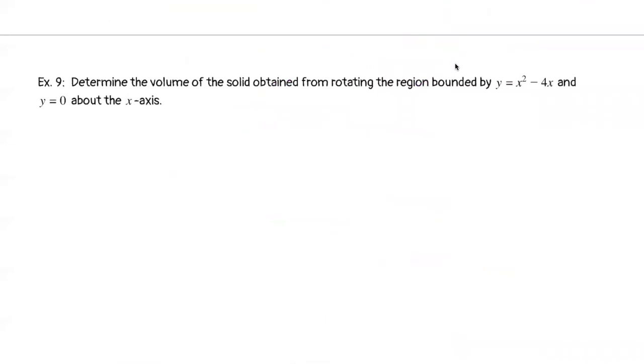So example 9, like example 8, has no fancy diagrams with it. It is something that we are expected to draw and come up with the information that we need to solve the problem from this, okay? So we're going to determine the volume of the solid obtained from rotating the region bounded by y equals x squared minus 4x and y equals 0 about the x-axis, okay?